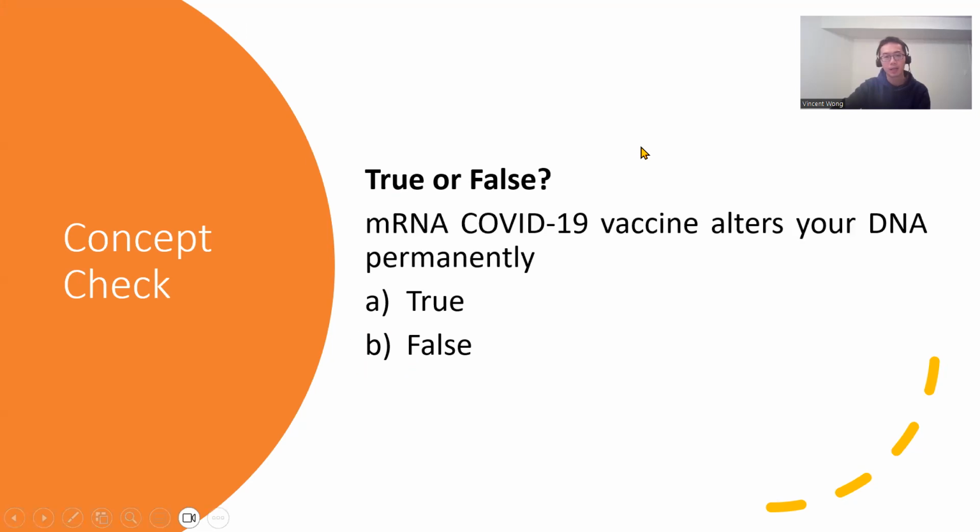Okay, let's try another one. I want to know what about this? This is one of those things that are out there. You might have heard that some of the COVID vaccines are mRNA vaccines. So people think mRNA COVID vaccines will alter your DNA permanently. What do you think about this one?